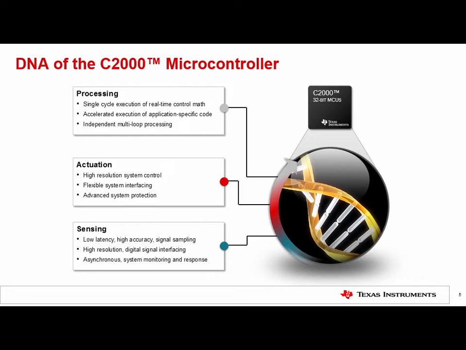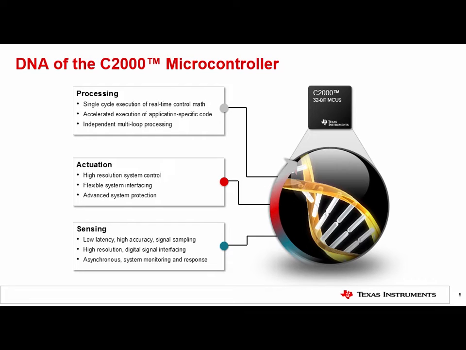Now, included in these MCUs is also the actuation piece. The actuations are specific peripherals which enable things like high-resolution system control. So these could be your high-resolution PWMs. We also have flexible system interfacing and also advanced system protection.